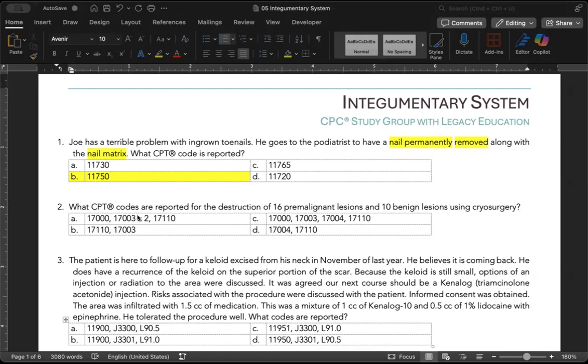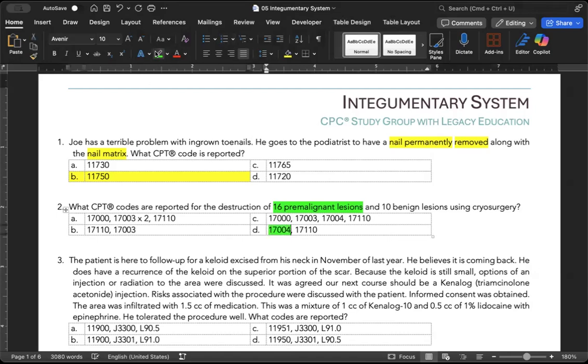But if we have 15 or more, which in this instance we have 16, right? So that gives us 15 or more. Then instead of reporting 17000 and 17003, we should only report a single unit of 17004.